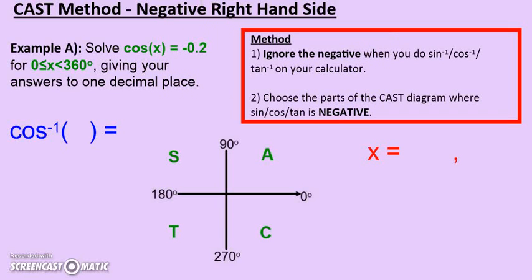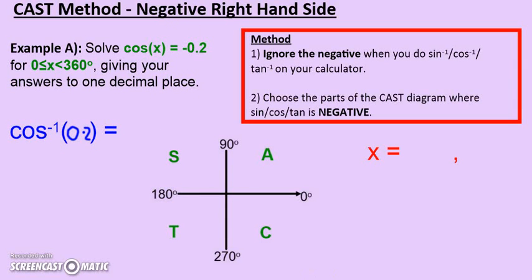So we start the normal way. It's a cos question, so we do inverse cos. What are we going to take the inverse cos of? Well, normally we take the right-hand side, but if the right-hand side is negative, you drop the minus sign, you ignore it. So we're going to do inverse cos of 0.2.